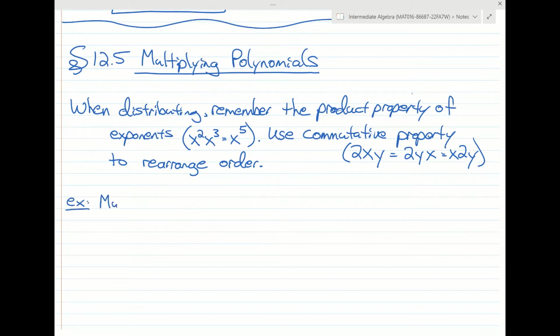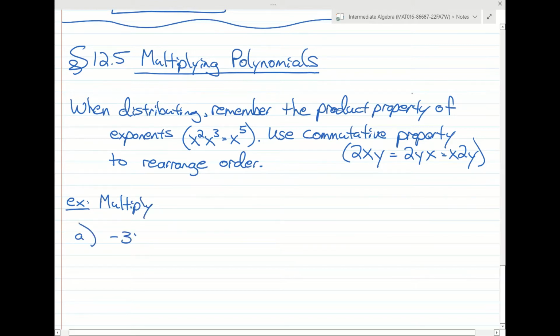So let's multiply. So if we had negative 3x squared times 4x squared.